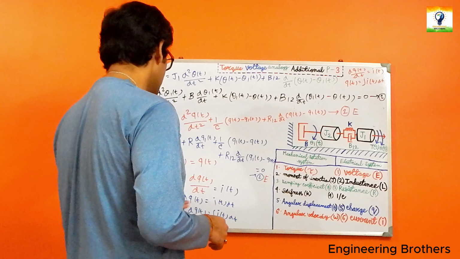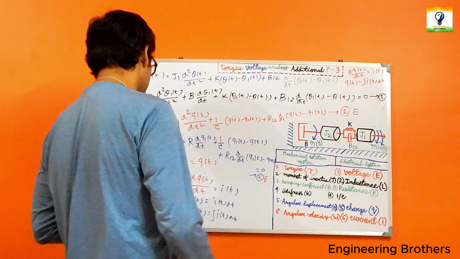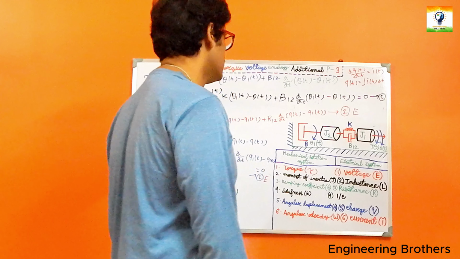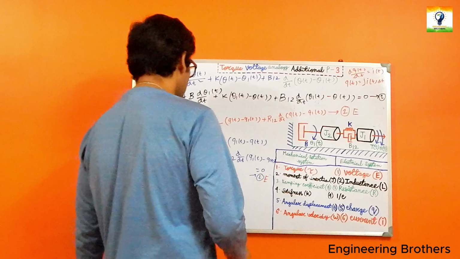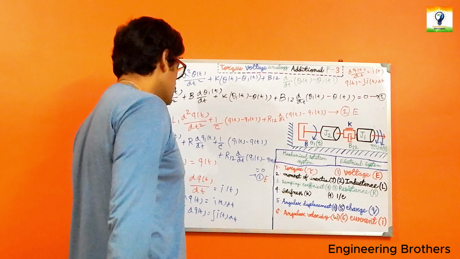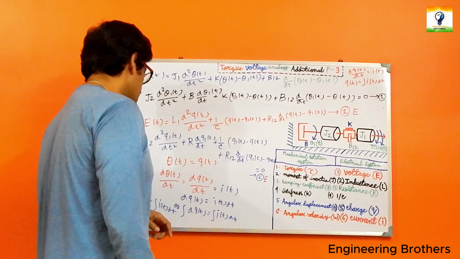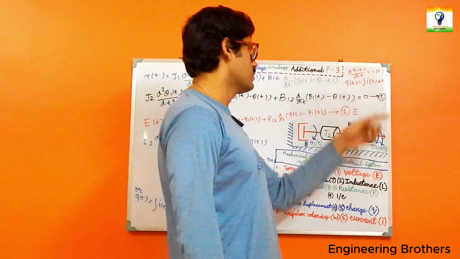Rearranging, q(t) is the integration of i(t) dt. So we have two relations: the first is dq(t) by dt equal to i(t), and the second is q(t) equal to the integration of i(t) dt.